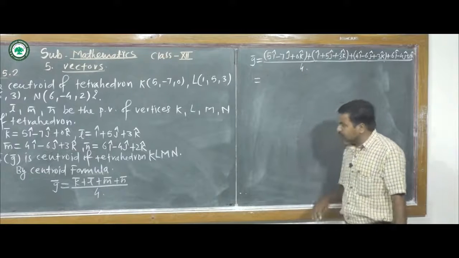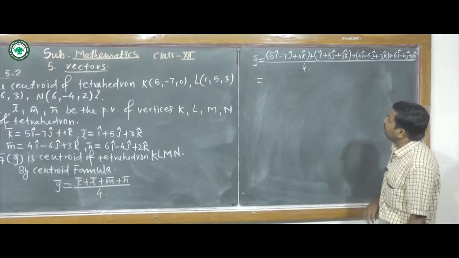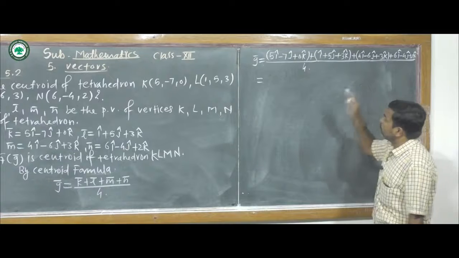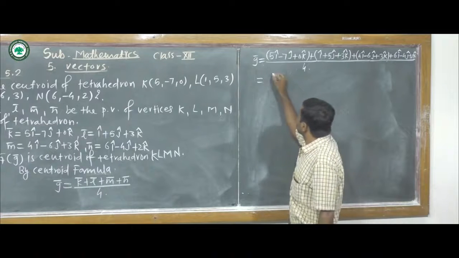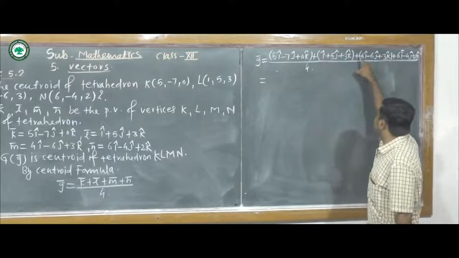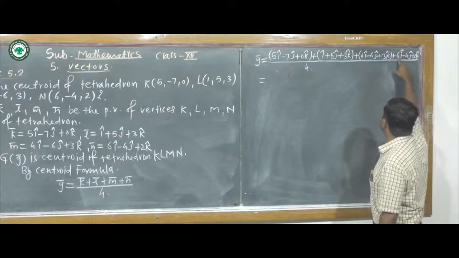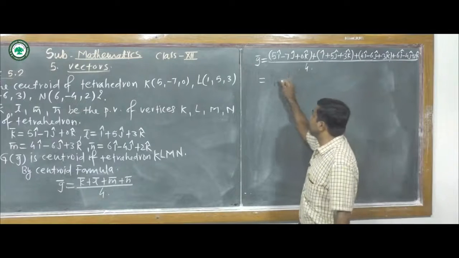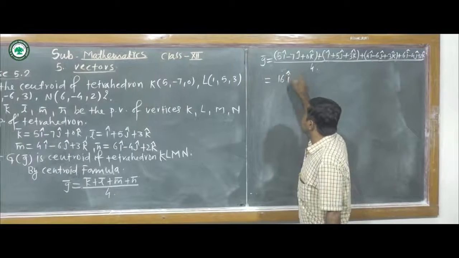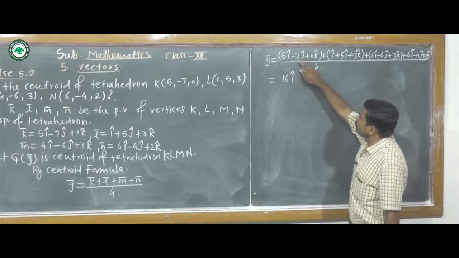Now in the numerator there are 4 vectors in the form of i cap, j cap, k cap. So take the addition of these 4 vectors. So we get 5i cap plus i cap, 6i cap, 6i cap plus 4i cap, that is 10i cap, 10i cap plus 6i cap, 16i cap. Now take the terms together regarding j cap.